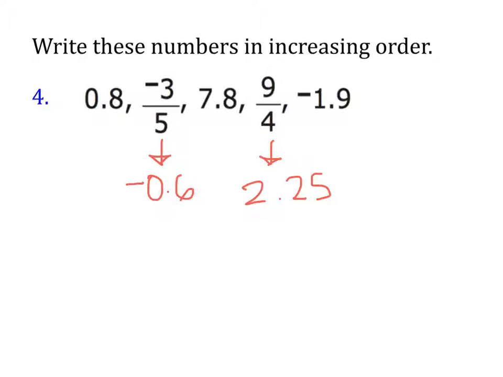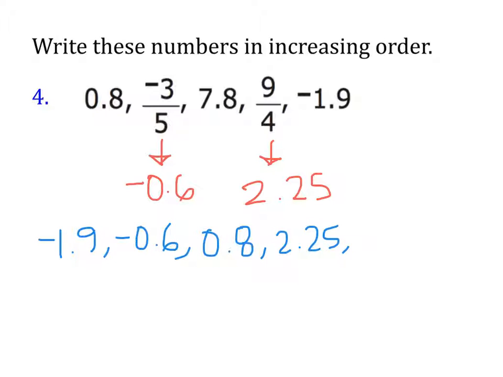So if I look at the two negative numbers I have, negative 0.6 or negative 1.9, negative 1.9 is the most negative. Then will come negative 0.6. Then I will have from the positive numbers 0.8, 2.25, and 7.8.